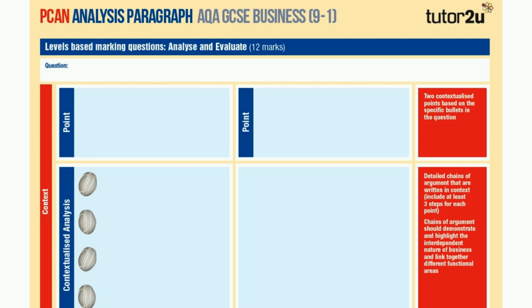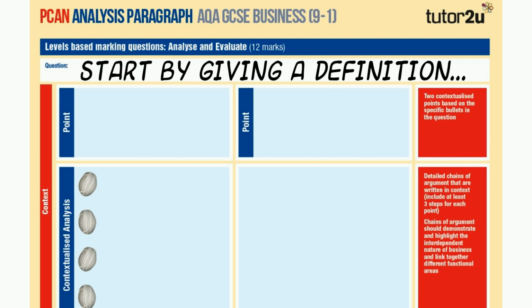But first of all, you have to show the examiner that you understand what the questions are about. So you need to give a definition. Show the examiner you understand what the words financial implications and ethical considerations actually are. So define them.